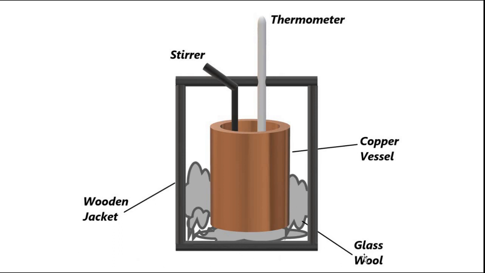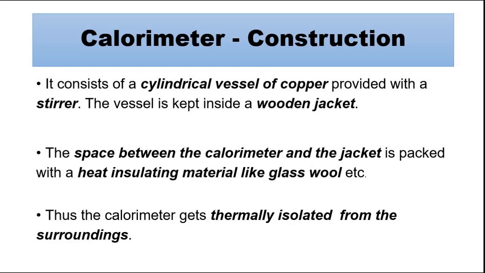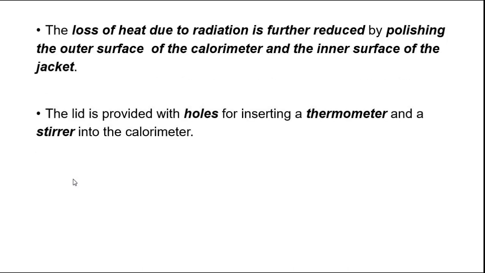To provide extra insulation, glass wool is coated around this copper vessel to prevent any heat loss to the surroundings. Extra insulation is provided to further prevent loss of heat due to radiation by polishing the outer surface of the calorimeter and the inner surface of the jacket.